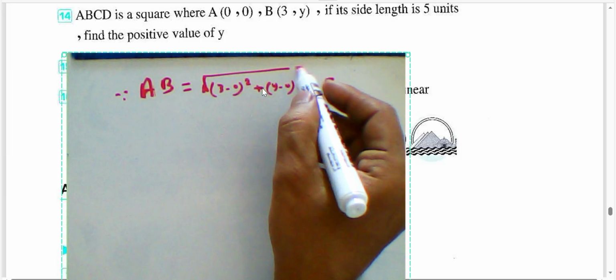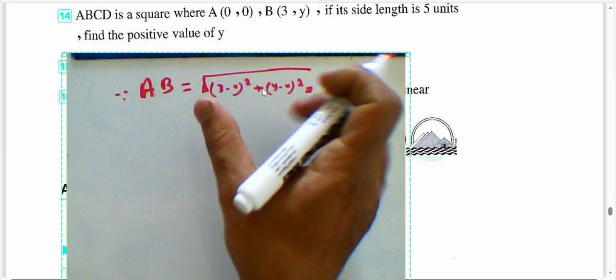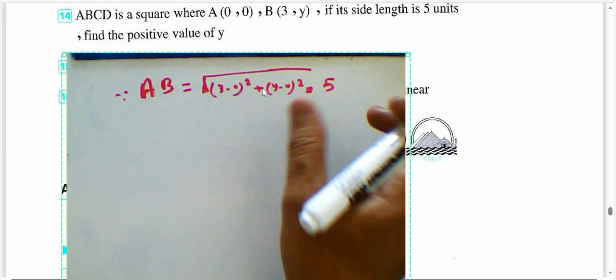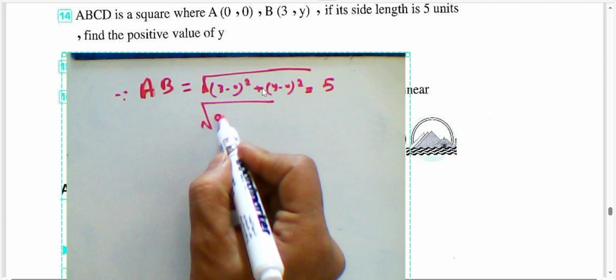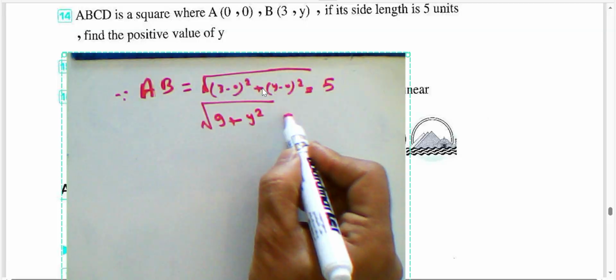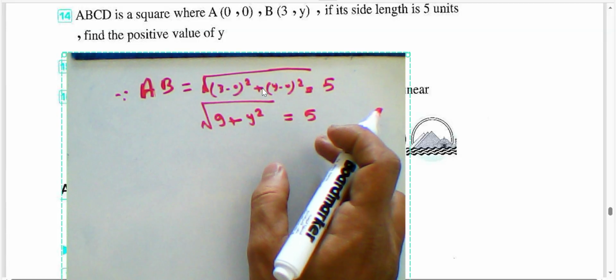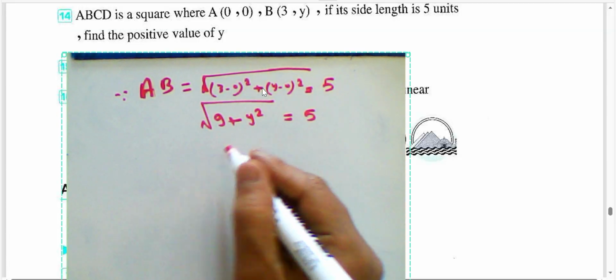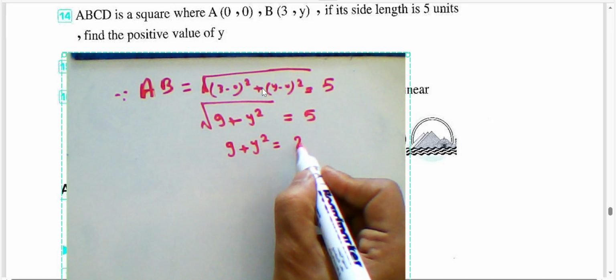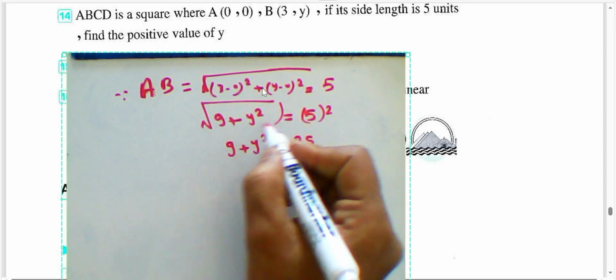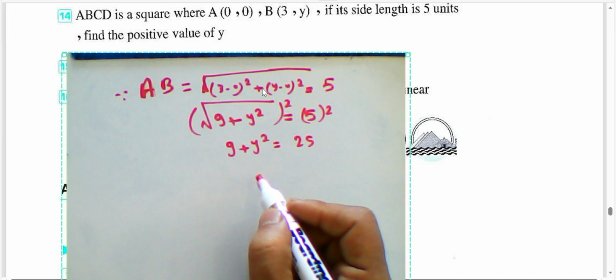We can write the square root here, cancel it by squaring the left hand side and right hand side. Then 3 minus 0 will be 3 power 2, 9. Then here equals 5 power 2. Squaring the two sides, there we have 9 plus y power 2 equals 25.